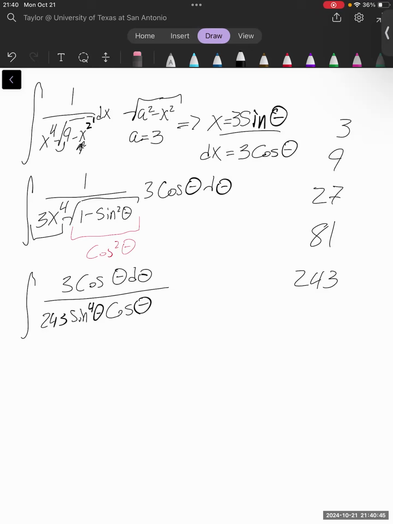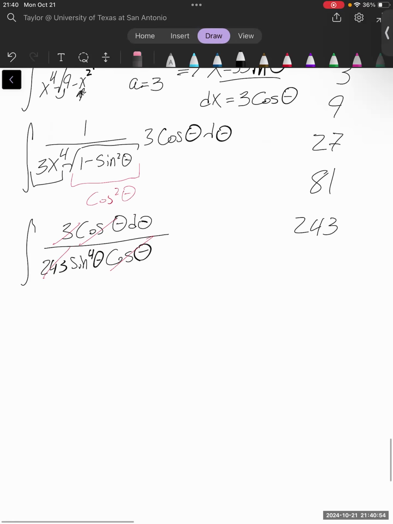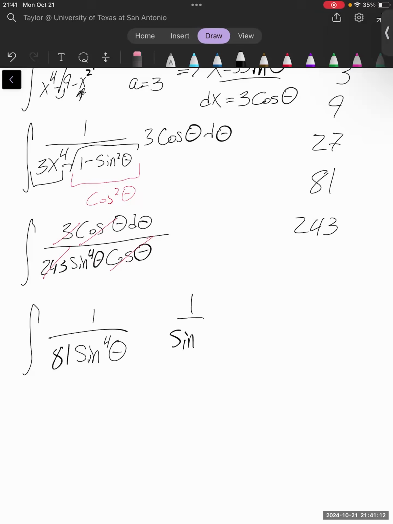Okay, cool. So we see that we can cancel some things. I'm going to cancel, and then I'm actually going to reduce this. So then I'll be left with the integral 1 over 81 sine to the 4th theta. And we know that the reciprocal of sine theta is cosecant theta.